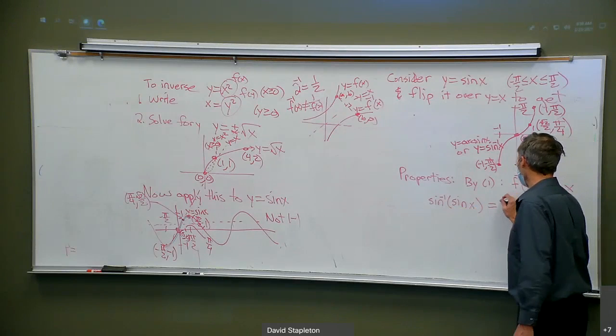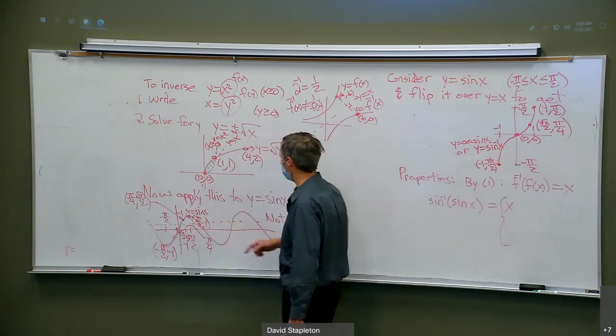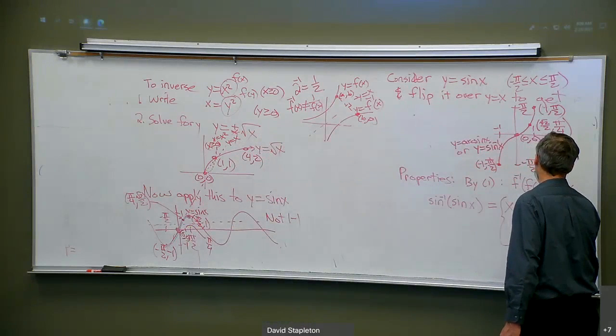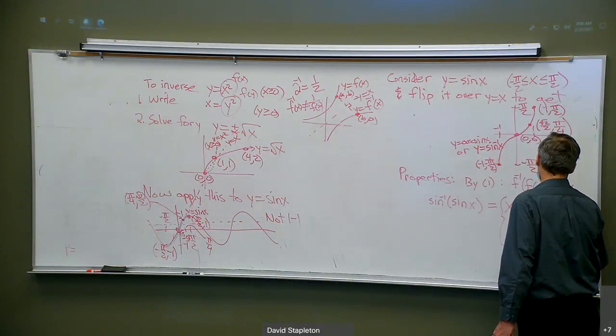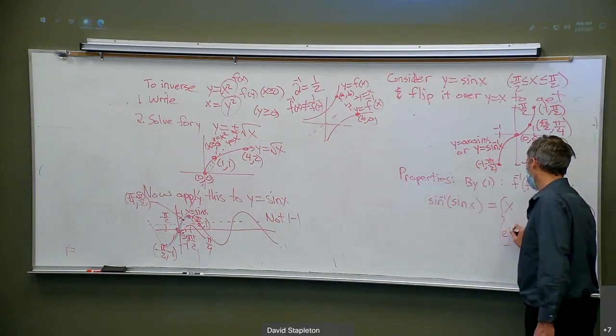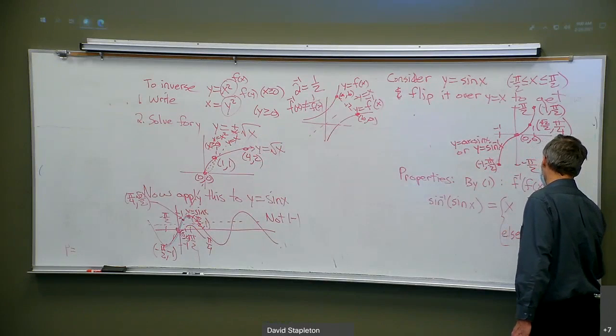So it gives you back x if x came from this piece that you inverted, minus pi over 2 to pi over 2. So it works, of course, on the piece that you inverted. But you get something else otherwise, right? We'll talk about what you get there later.